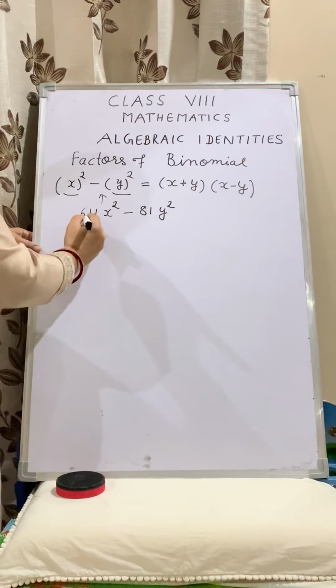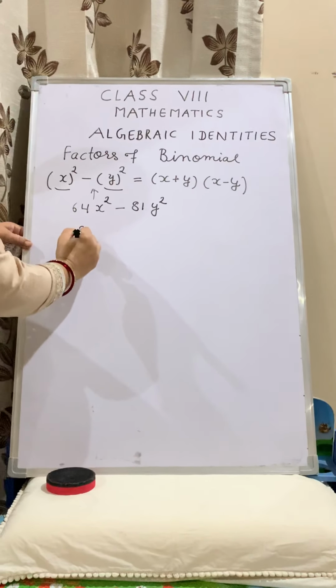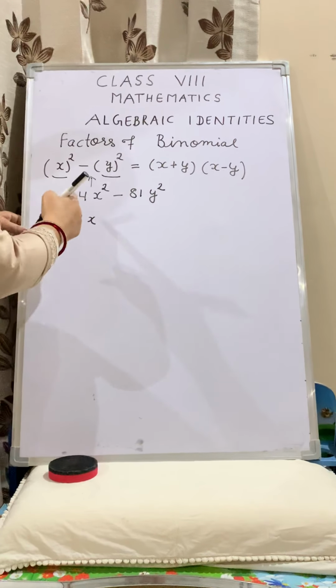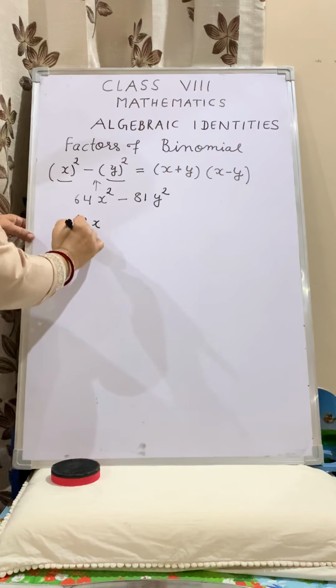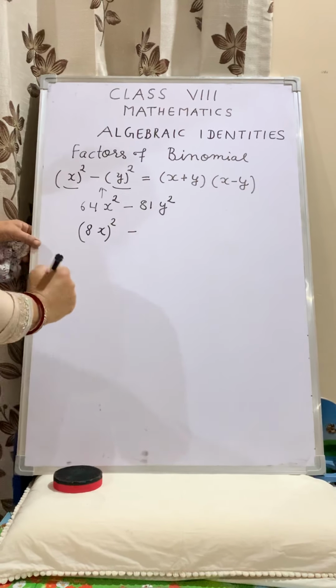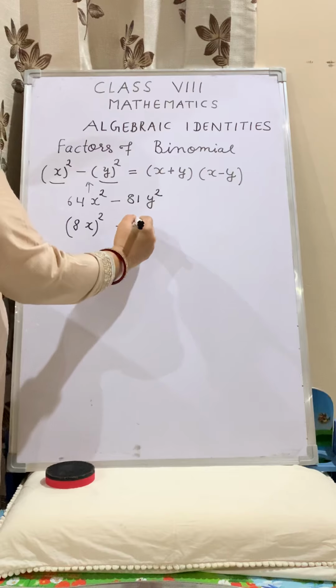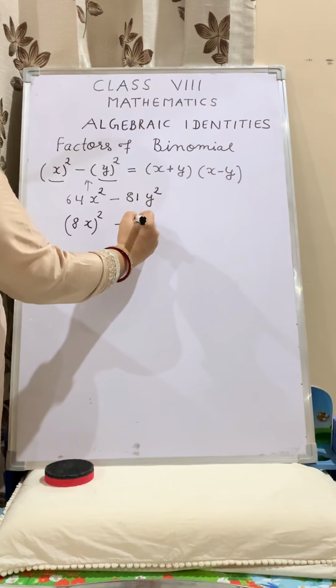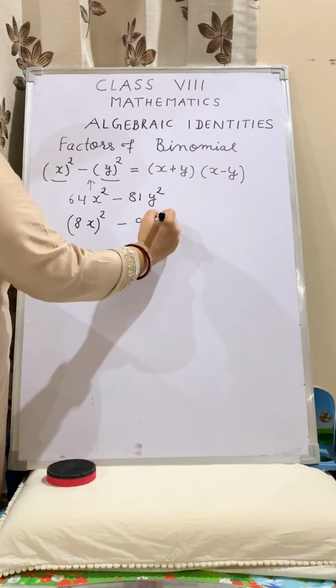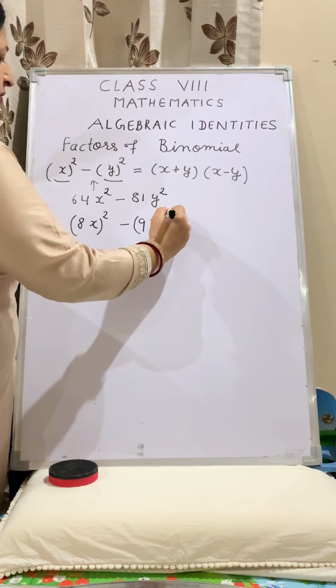We will write 64 is the square of 8 and x square is the square of x. We will write 64x square is 8x whole square minus, we will write 81 is the square of 9 and y square is the square of y. We will write 9y whole square.